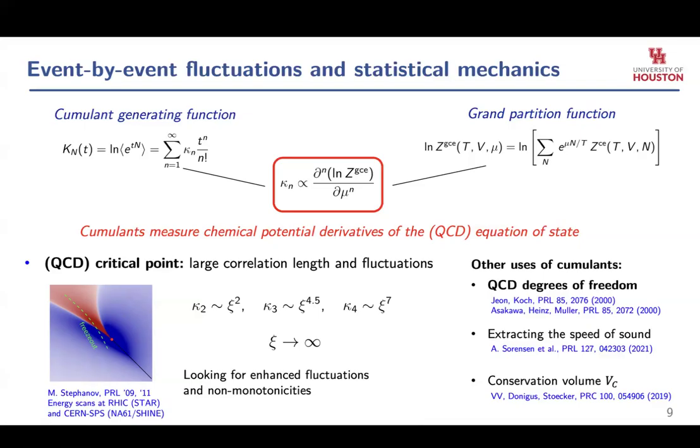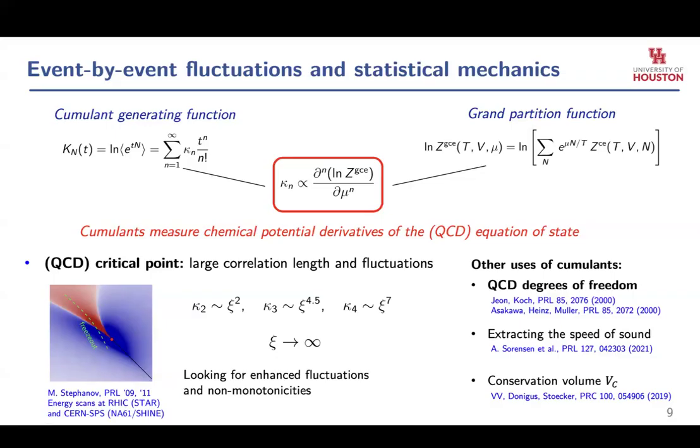Utilizing more model-independent considerations related to universality of critical behavior, one can also look into the behavior of the correlation lengths near the critical point, and cumulants of higher and higher order are proportional to increasing powers of the correlation length. So this has been one of the primary motivations in the beam energy scan, to look for non-monotonicities, maybe of the proton cumulants, and then try to interpret that as being due to the critical point.